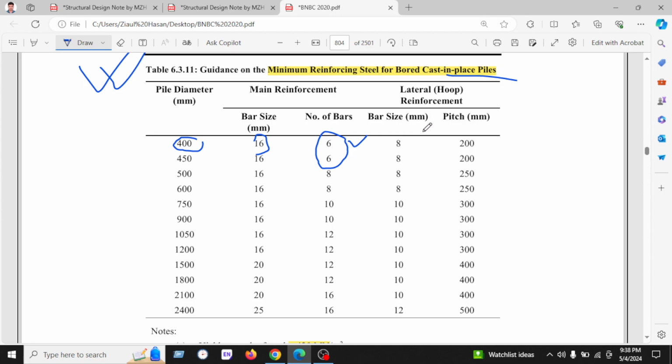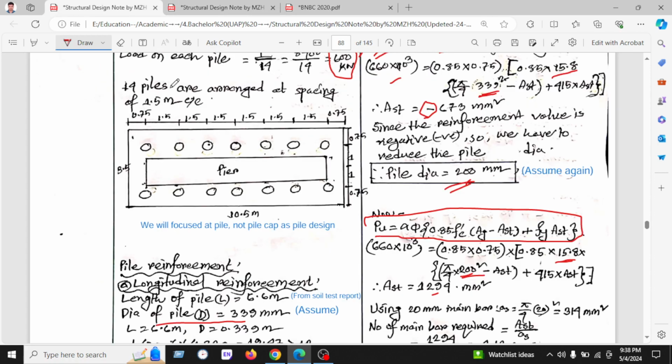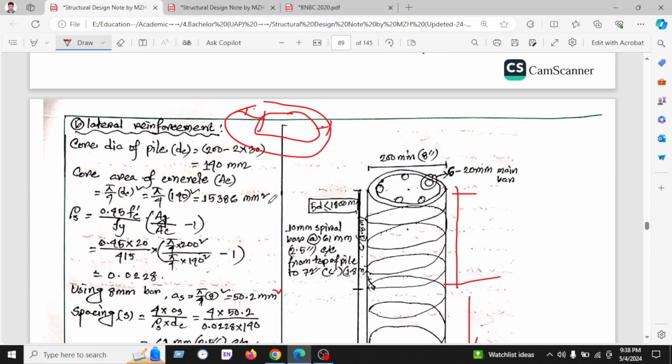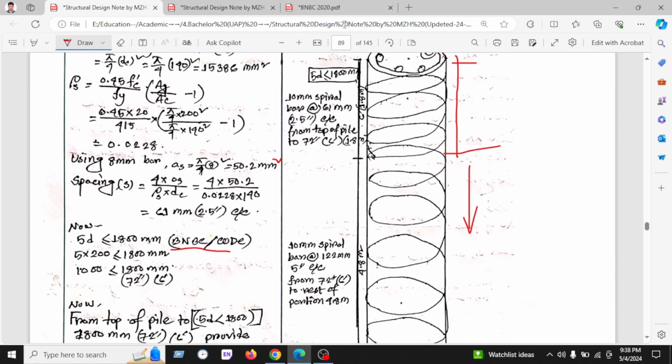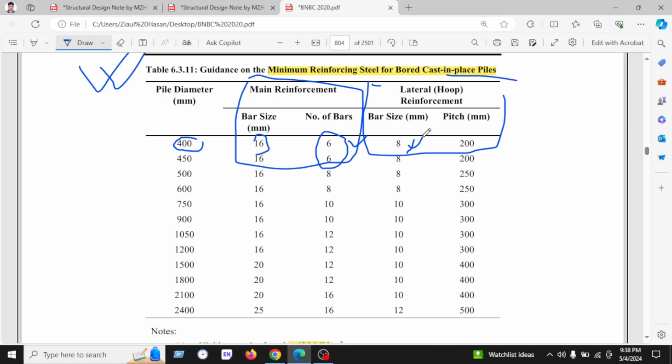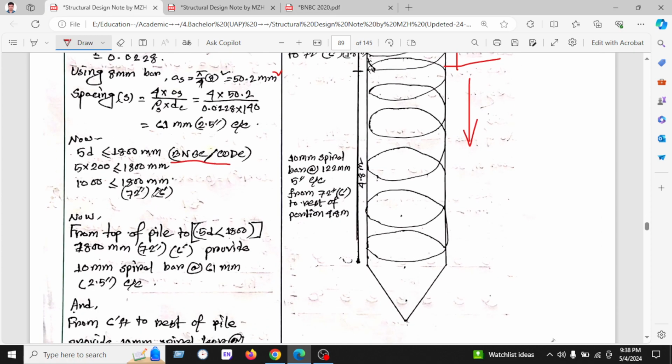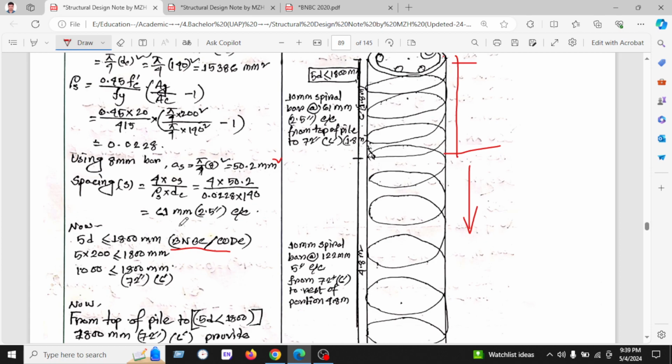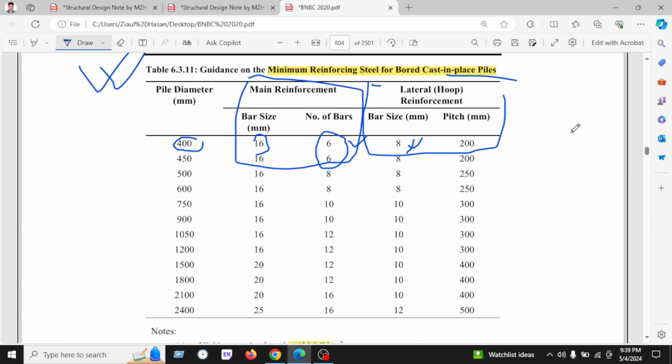This is the lateral reinforcement or hoops, and this is the main reinforcement. For lateral hoops, they used 8 millimeter bars at 200 millimeter center to center. We have also used 8 millimeter bars, and we have found 61 millimeter center to center, but they provide a minimum of 200 millimeters. So this is quite okay.